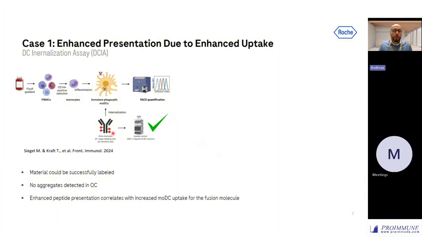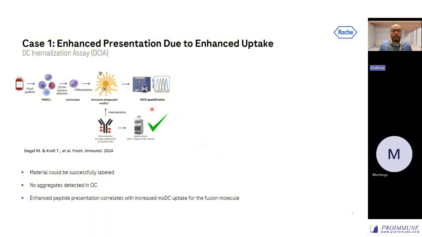We take our test item and label it with a pH-sensitive dye. The idea is that if you incubate this labeled antibody or molecule with those immature dendritic cells, they will be taken up and then experience a pH drop in the lysosome, and this can be detected in the readout by flow cytometry.